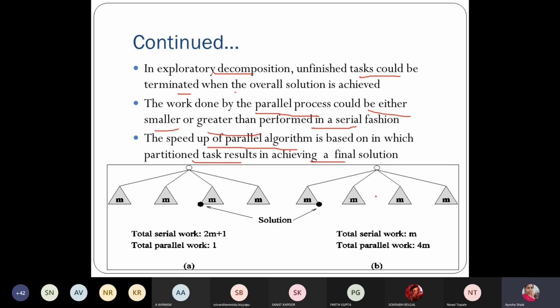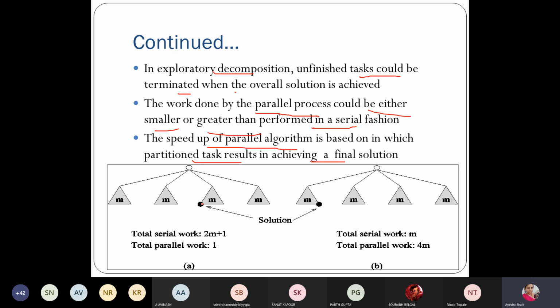So if we take 2 scenarios here, we have a task and it has been decomposed into 4 tasks like this, and for the same task, another solution can be some 4 tasks.